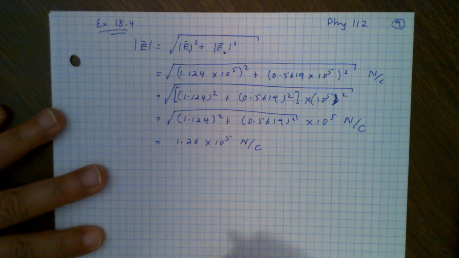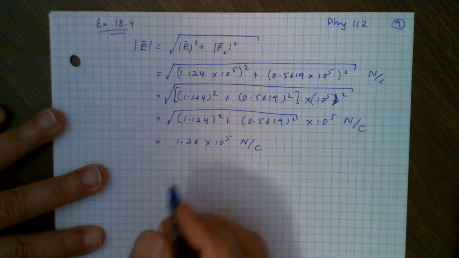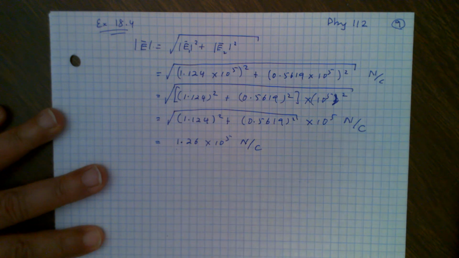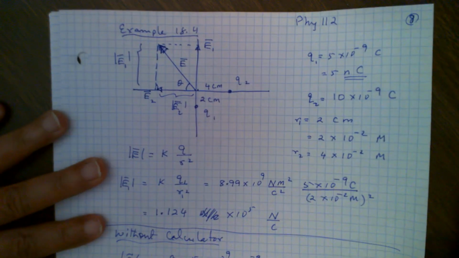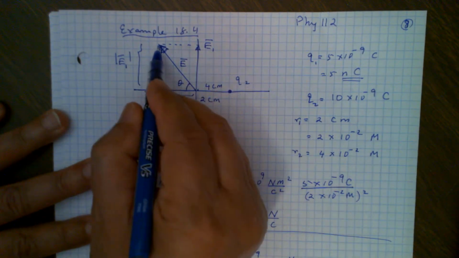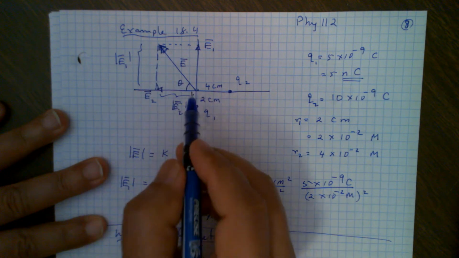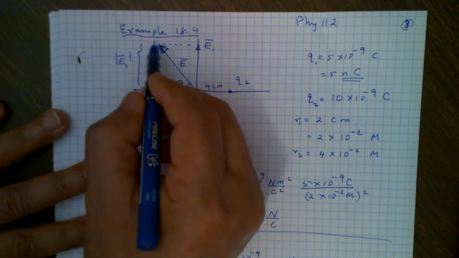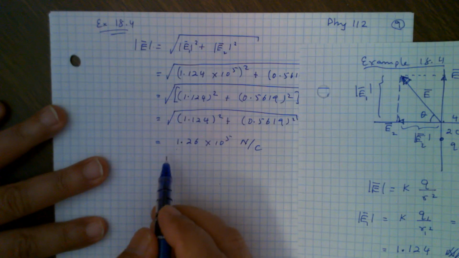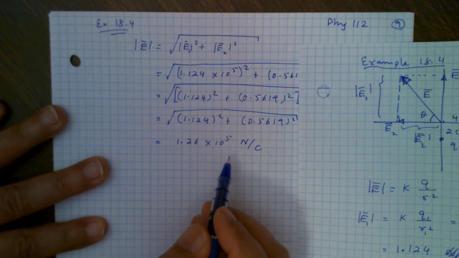Now what about the angle? So this is the magnitude of this vector. Let me put back the first page. So see, in this picture, this is the resultant E, and the magnitude is just what we have found, right? So the magnitude is 1.26 times 10 to the power 5 newtons per coulomb.